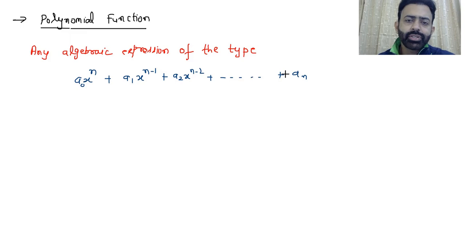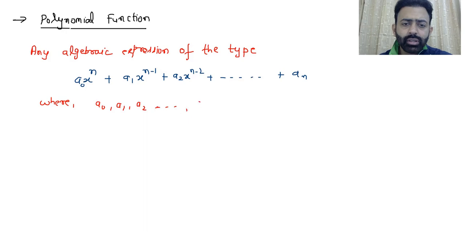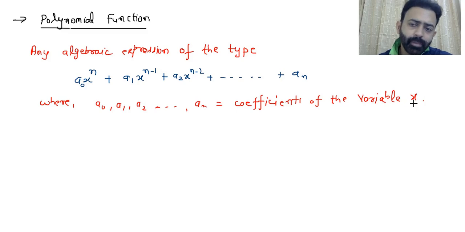Any algebraic expression of this type, where we need to define what a and x are. x is normally the variable, and a0, a1, a2 till an are the coefficients of the variable x.